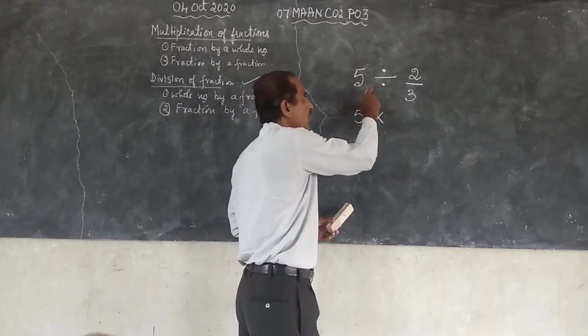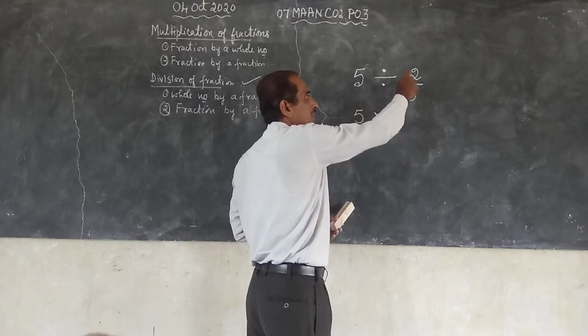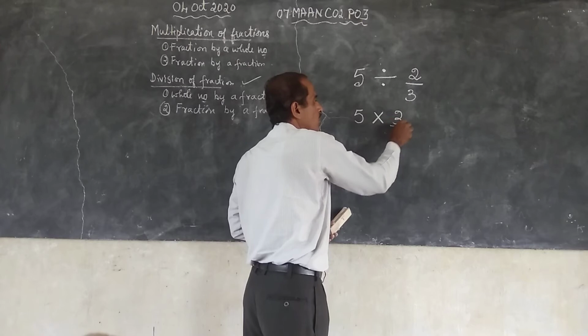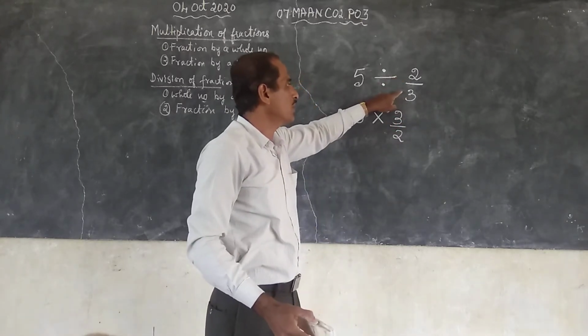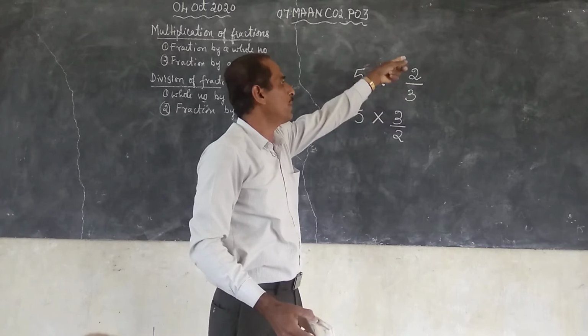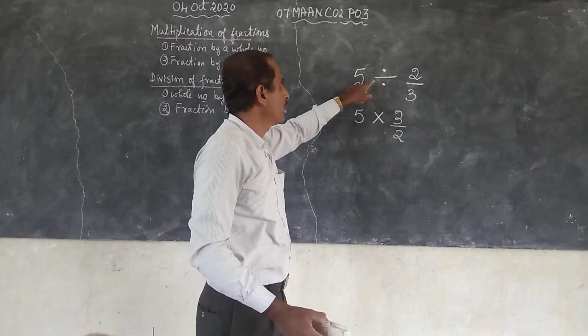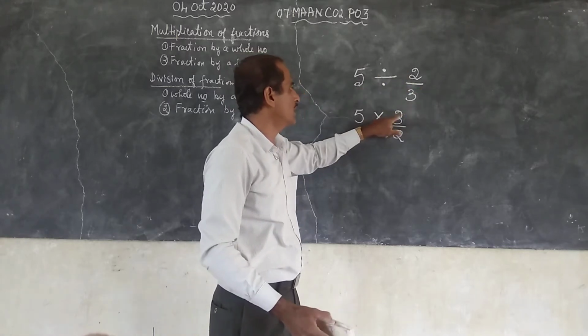So while dividing, what you have to do? Reciprocal of the divisor you have to write. What is the reciprocal? The reciprocal of 2 by 3 is 3 by 2. See, this is the reciprocal of this. So 3 by 2 you have to multiply. Multiply by the reciprocal of the divisor. This is the divisor. 3 by 2.